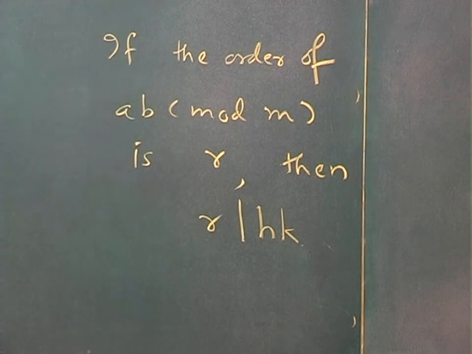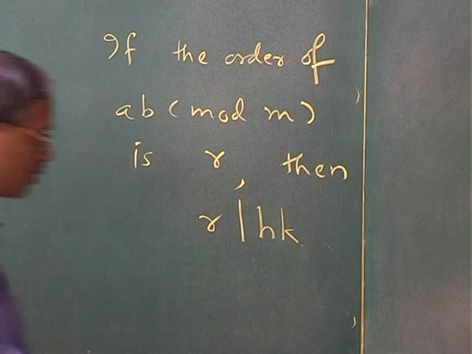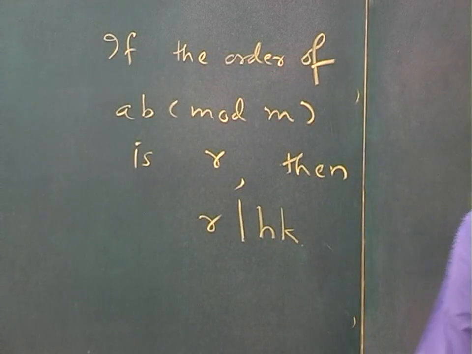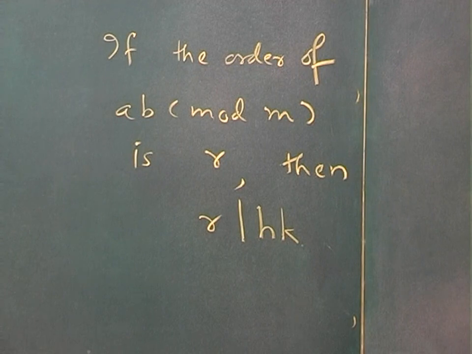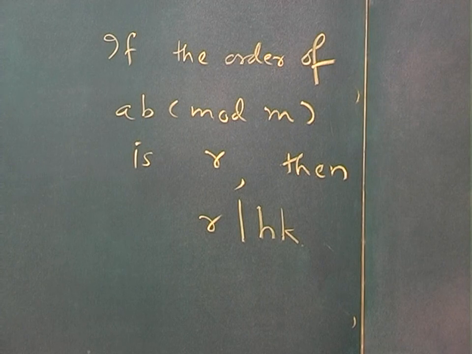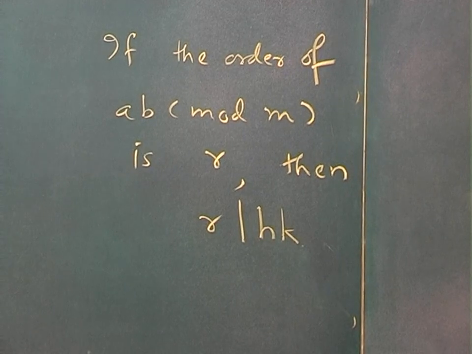R divides HK. We have to show HK divides R, and for that you have to show H divides R and K also divides R.